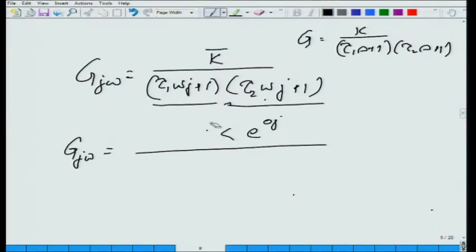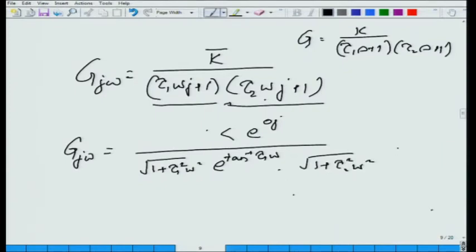And the first complex number will become, its magnitude is the square root of 1 plus τ1²ω², its angle is e to the power tangent inverse τ1ω times j. The second complex number has magnitude square root of 1 plus τ2²ω², and its angle is e to the power tangent inverse τ2ω times j.